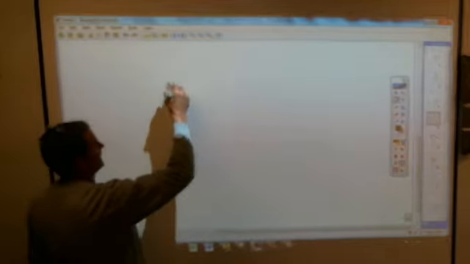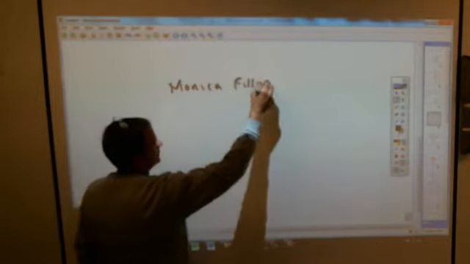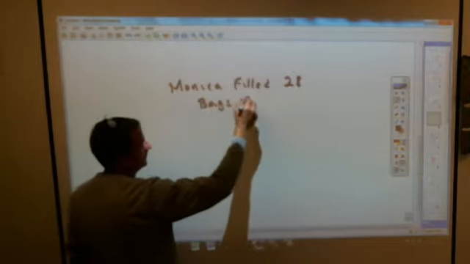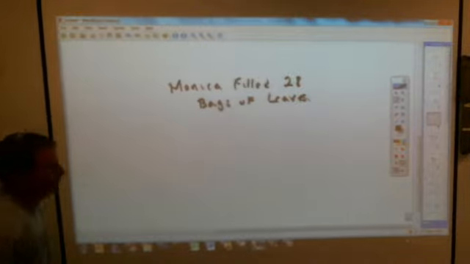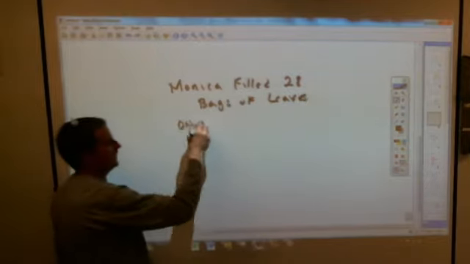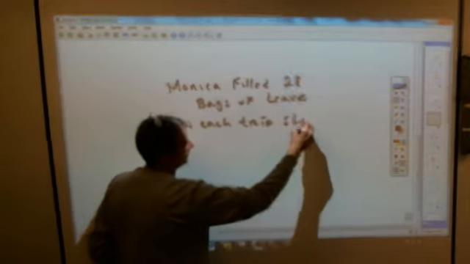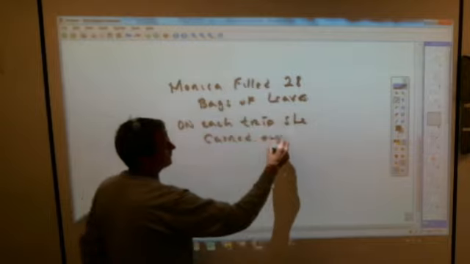Monica raked leaves and filled 28 bags. Monica, let's just say she filled 28 bags of leaves. Where's this problem going? I don't know. On each trip, she carried away 4 bags.